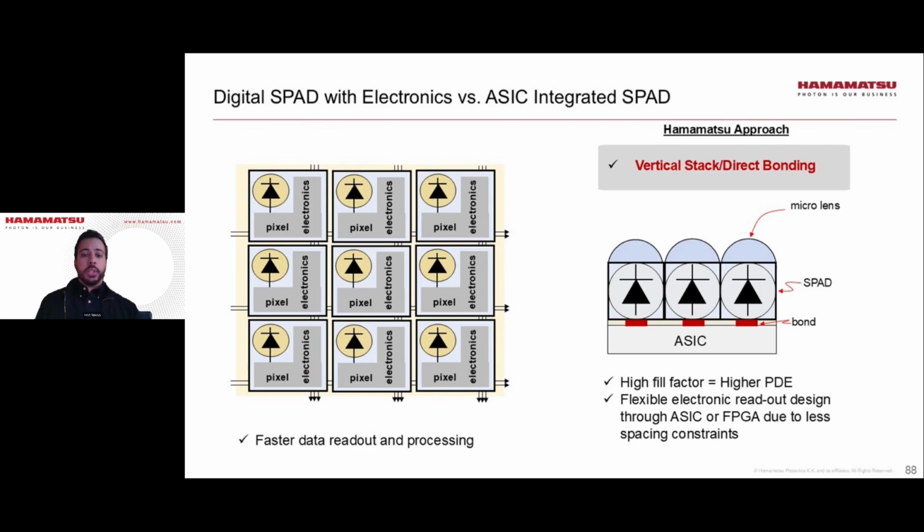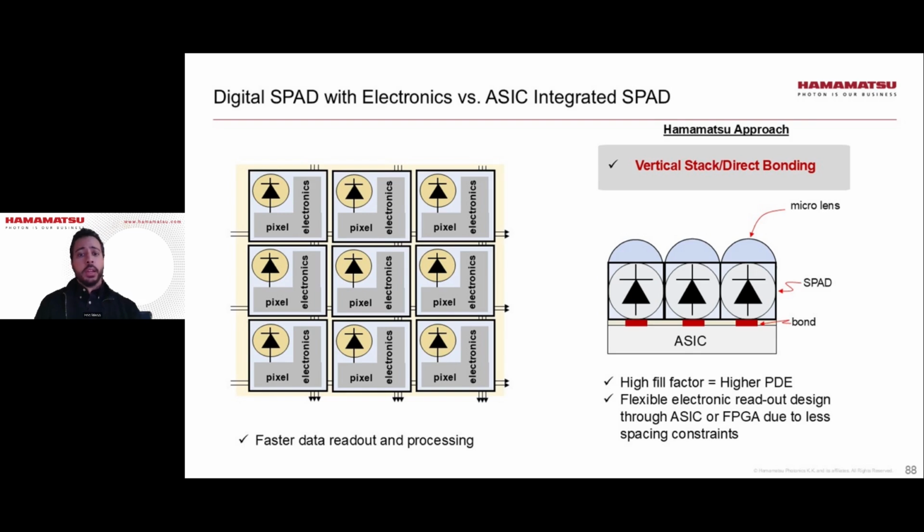So just quickly, Slavomir talked in great detail about horizontal integration or vertical integration, digital SPADs versus ASIC integrated SPADs. But Hamamatsu has essentially chosen to really focus on the vertical because we believe this allows the best benefits for SPAD array designs in terms of high fill factor, which leads to better sensitivity for the SPAD, as well as better scalability, right?